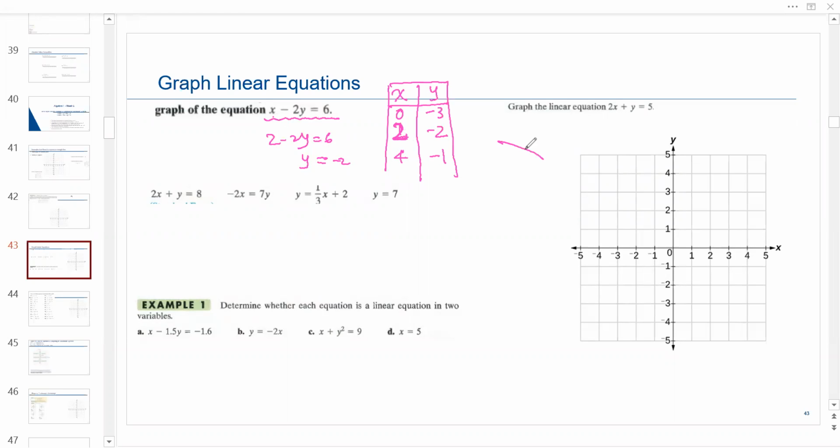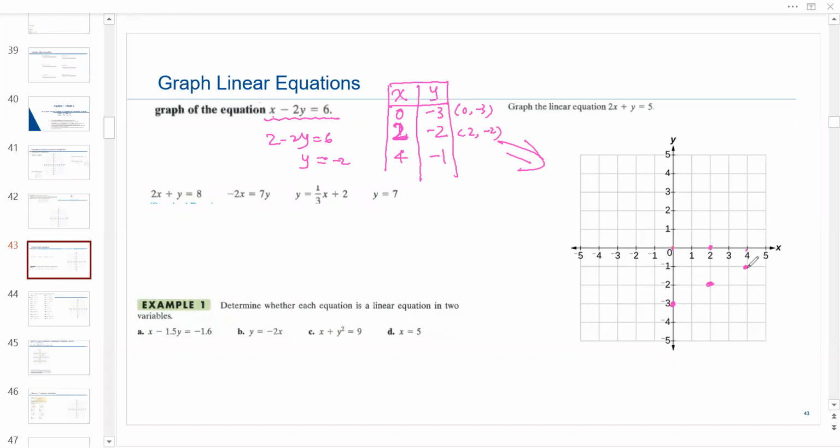So let's graph this one this way. When x equals 0, y equals -3. That's right at this dot, (0, -3). And when x equals 2, y equals -2 is right here. When x equals 4, y equals -1 is right here.